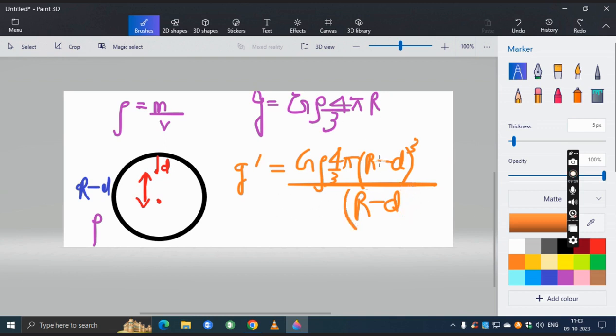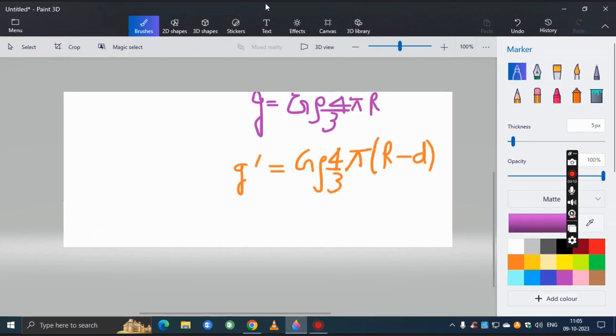So what's this going to become? It's just G rho 4 by 3 pi times r minus d. So now if I find the ratio g dash by g, what do I get? Well, G rho 4 by 3 pi and G rho 4 by 3 pi are going to get cancelled, so I'm left with r minus d by r, or this can be written as 1 minus d by r.